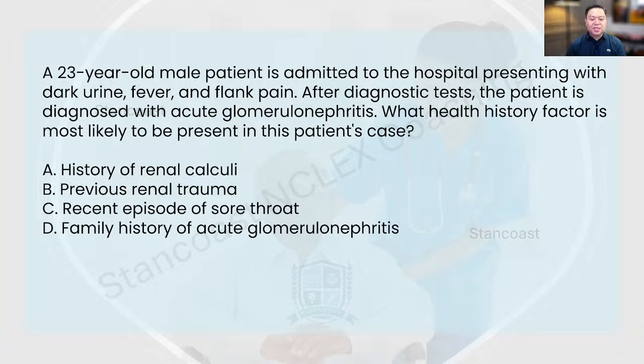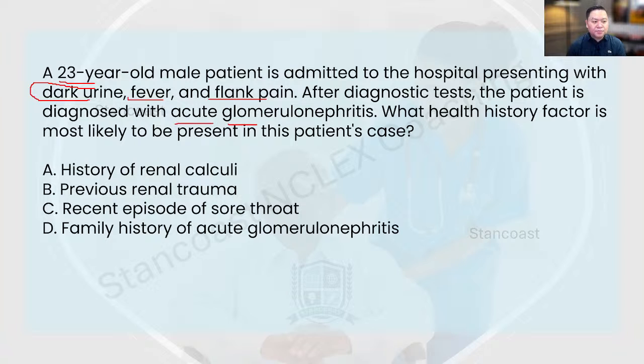All right, time is up. So we're going to go through the options here. We're going to tackle the first item. But before that, we're going to have to go into the scenario. So our patient is an adult, a 23-year-old male patient, and now is presenting with dark urine, fever, and flank pain, and now there is an established diagnosis of acute glomerulonephritis already.